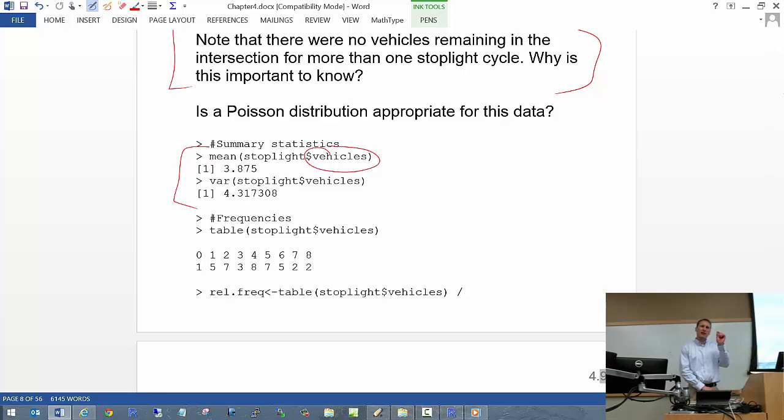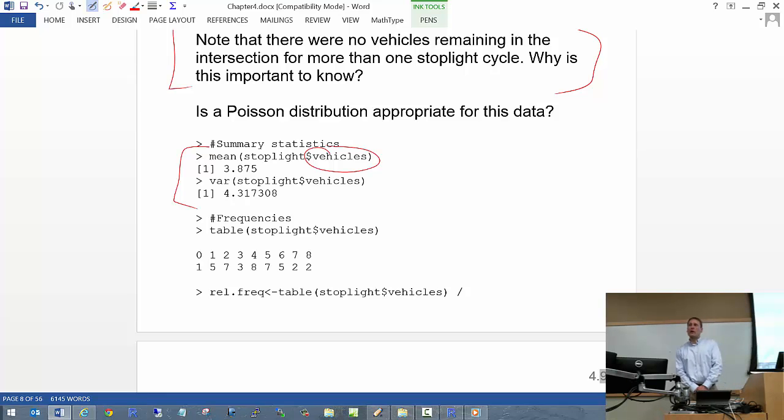So the variance is a little bit higher, but not too much higher. I would feel okay with this because I know there's going to be some variation from sample to sample to sample. And at least with respect to the mean and the variance, it looks like the Poisson distribution assumption is satisfied. But we should go a little bit further.